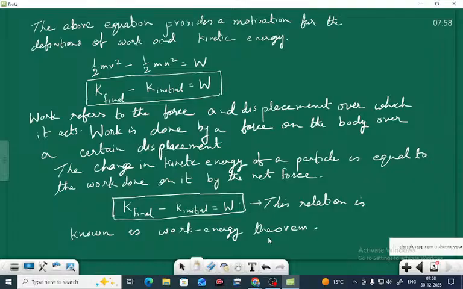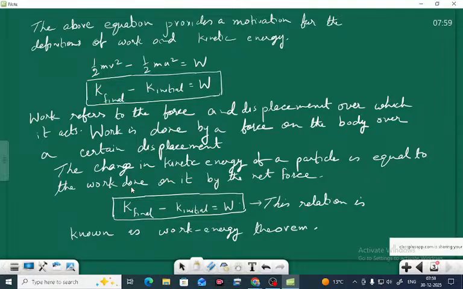That is, change in kinetic energy is equal to the work done, or change in kinetic energy of a particle is equal to work done on it by the net force. So we got the definition, and we come across another thing about the work energy theorem, that the change in kinetic energy is equal to the work done.